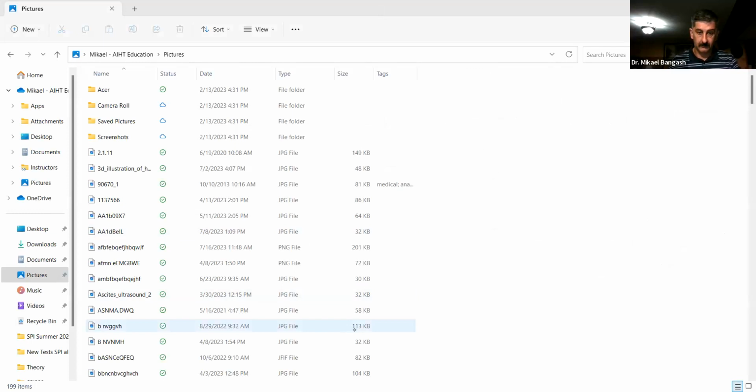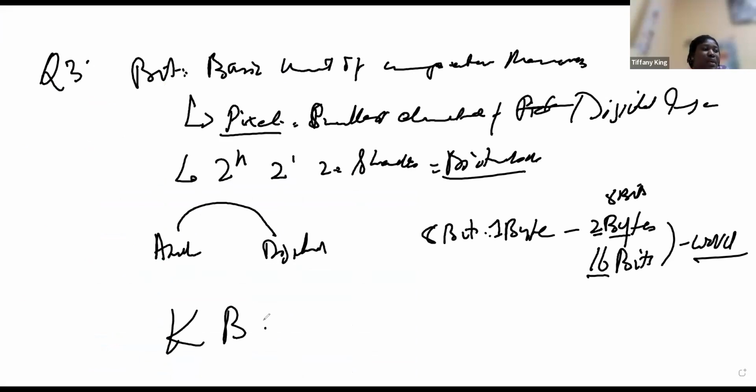What you see written here: 113 KB, 32 KB, 104 KB, 86 KB, and so on. What does that KB stand for? I think it's gigabytes or kilobytes.